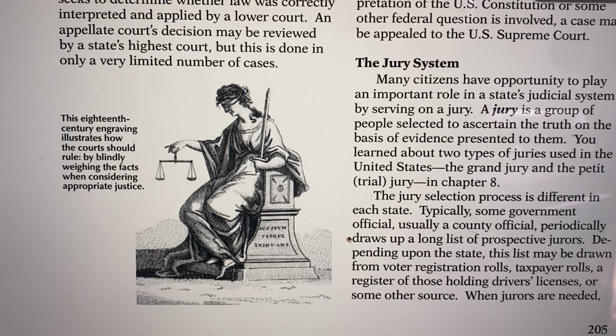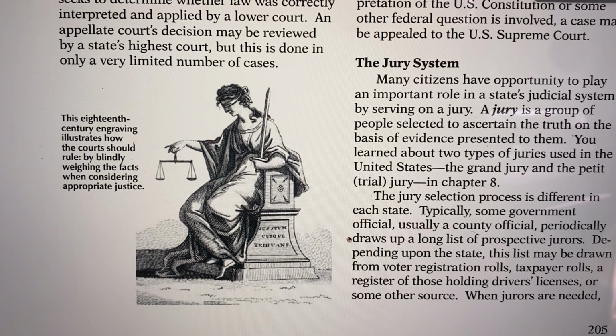What is a jury? A jury is a group of people selected to ascertain the truth on the basis of evidence presented to them. Of course, we went over the 2 types. There's the grand jury, which just looks at evidence to see if they need to send out an indictment to somebody who needs to go to trial.